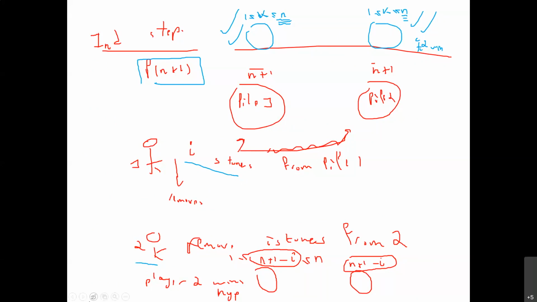But that means now we have a new game where we have the same number of stones, but it's within the range of our hypothesis. So we can assume that player 2 wins. And that's for here. So this is done, it's over.